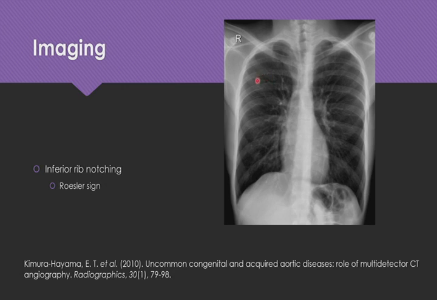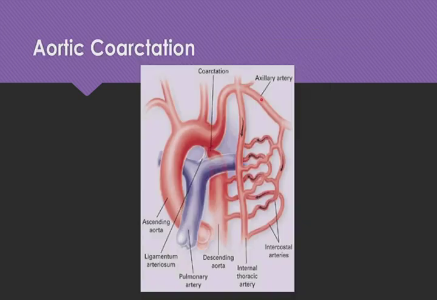These tortuous vessels erode the inferior border of the ribs. But this is a sign that we can see mainly after a long evolution of the disease. It is not as common in patients younger than 5 years old, but it is present in about 70% of cases in older children or adults.